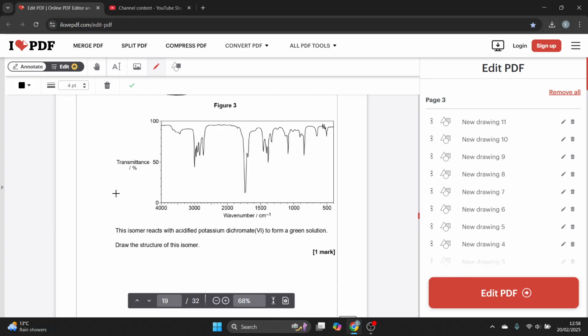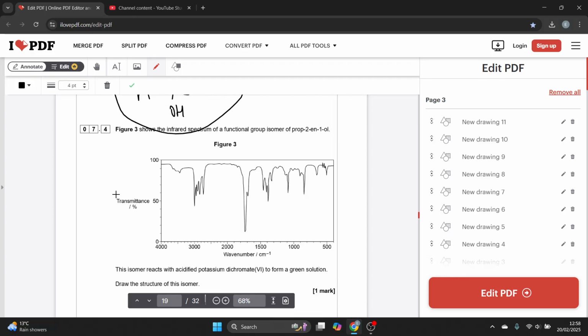Repeating unit. Figure 3 shows the interconversion of functional group isomers of prop-2-en-1-ol. Isomer X reacts with potassium dichromate to form a green solution. And draw the structure of the isomer.